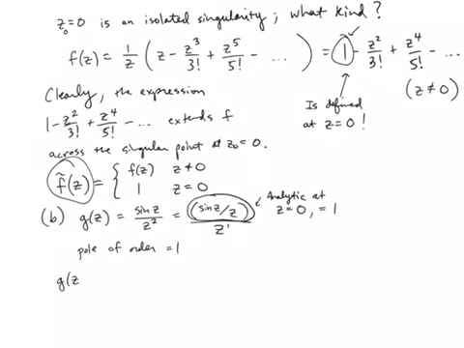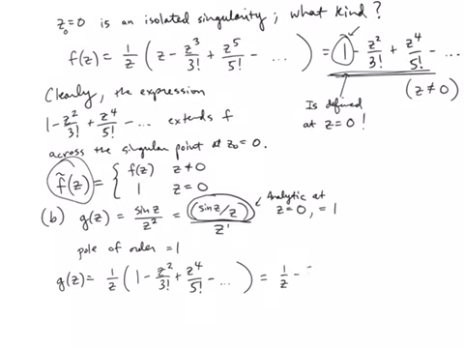And to explicitly see that, g of z is 1 over z times this series up here. So this is 1 over z times 1 minus z squared over 3 factorial plus z to the 4th over 5 factorial minus dot dot dot. And that's 1 over z minus z over 3 factorial plus z cubed over 5 factorial minus dot dot dot.